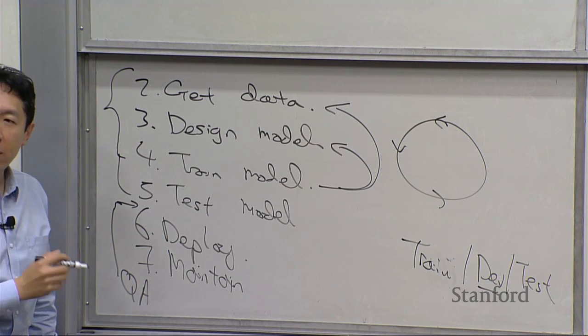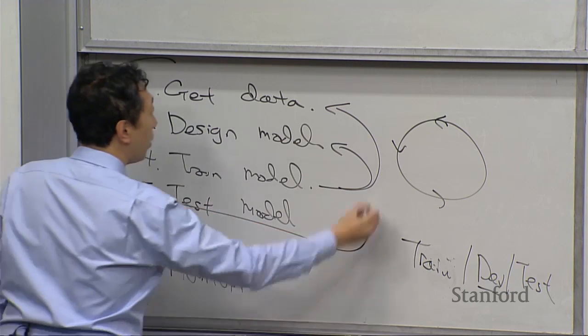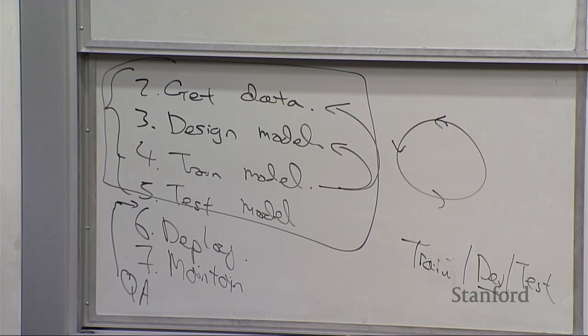This is the heart of machine learning. How do you build a great model? What I want to do today is spend more time talking about steps 1, 6 and 7, and just a little bit of time talking about the core of this, because you need to do the other steps well as well if you want to build a deep learning product or build a machine learning application.